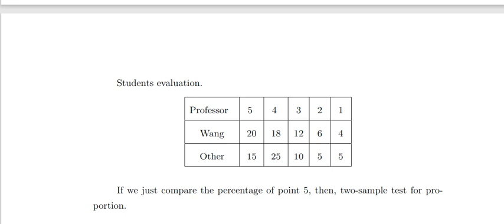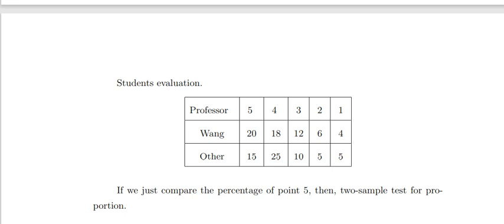Okay, so suppose I want to prove my teaching evaluation is better than the other professor's. This problem could be a two-way table problem, right? If we check all categories, it is a two-way table problem.